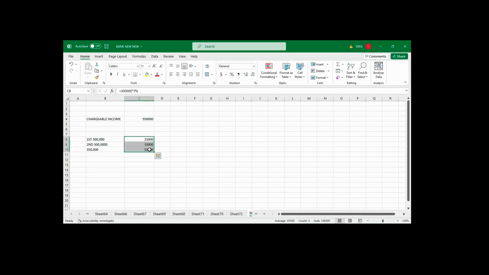So you can see the personal income tax that they are going to pay. That means a chargeable income of 950,000, we pay personal income tax of 106,500.